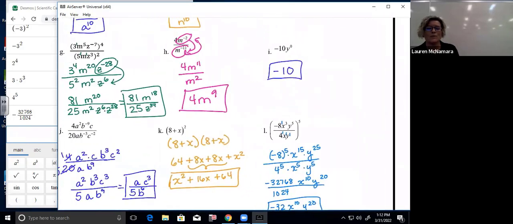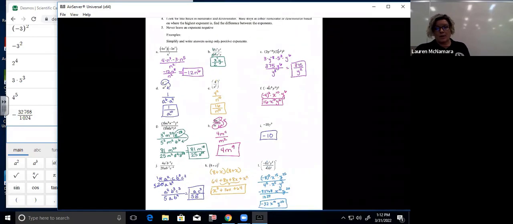But probably with L, if I would have reduced my fraction first, it would have been a lot easier. Just saying. A lot of times I don't think about that though. I don't look at that, I just follow the same steps.